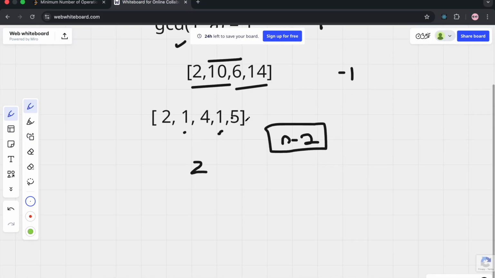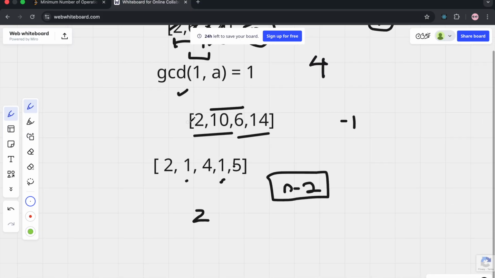Now there is one case: if none of the pairs gives me one. So what we can do is check whether three values or four values make the value one. So we can say the minimum length subarray that makes the GCD one will help us in that case.